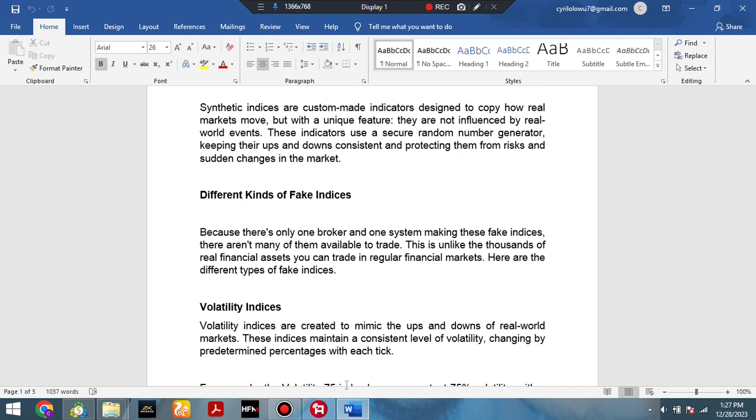This is unlike the thousands of real financial assets you can trade in regular financial markets. Here are the different types of fake indices. Now, when we say fake indices, it doesn't mean you can't trade them. The reason they use the word fake is because they are not real in terms of price movement. They only mimic what the real market does. And it is only one broker that provides this opportunity, which is Deriv.